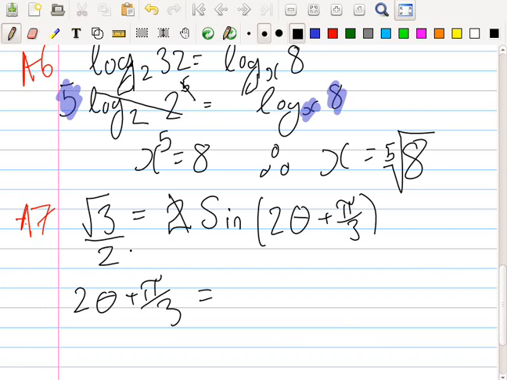Sine inverse, what's going to be pi over 3? Let me check that for sure. Pi over 3. Or, how do we get the second answer for sine? Pi minus pi over 3, which is 2 pi over 3. Great.